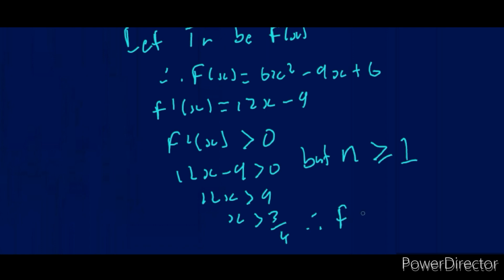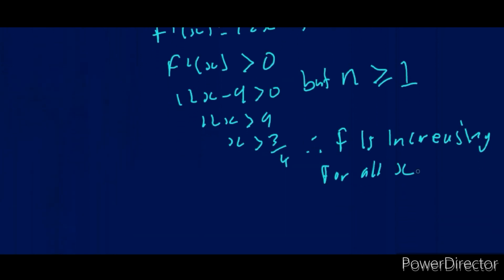So just by showing them this part, and also telling them that n is greater or equal to 1, we just have to tell them that therefore f is increasing for all x greater than 3 over 4. When you tell them that, and that n is greater or equal to 1, you simply say therefore f is increasing.